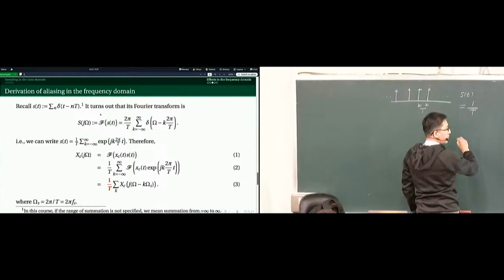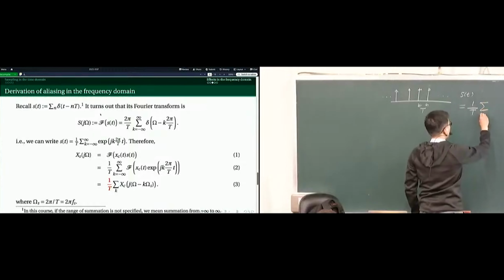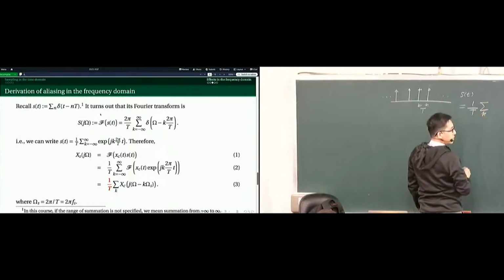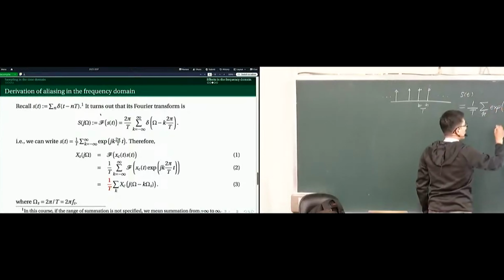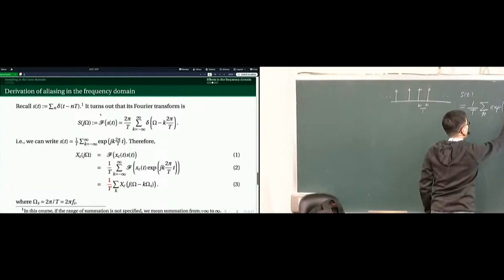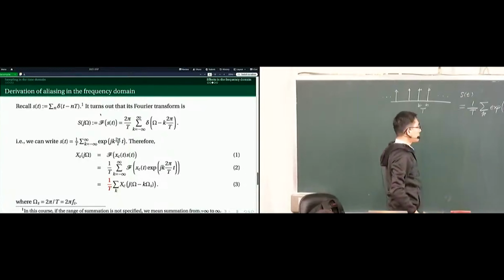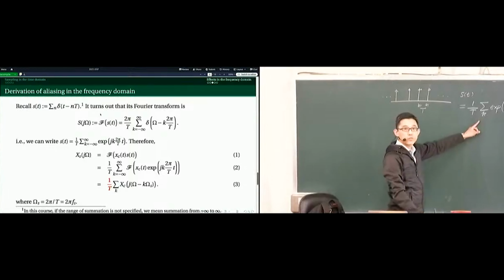I claim that you can write this equation with a sum over k, with all the periodic components, exponential j k 2 pi divided by small T t. This is a Fourier series expansion.